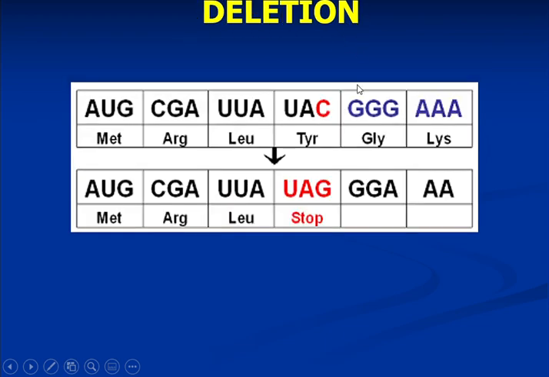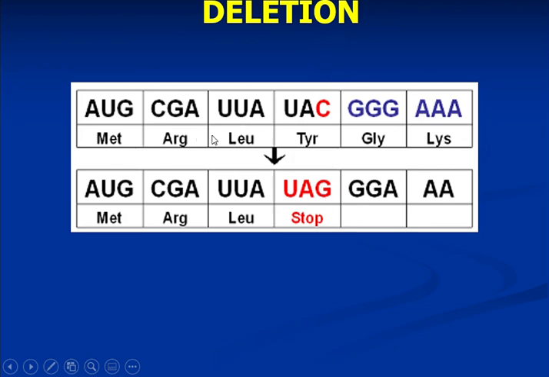Deletion works the other way. So now I've removed this uracil. I had the C that was here, and now I have shifted it along. So now this is gone. So there was a guanine on the DNA, so the guanine is gone. So now I have shifted along.